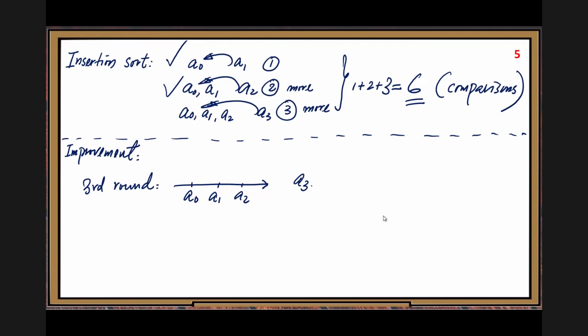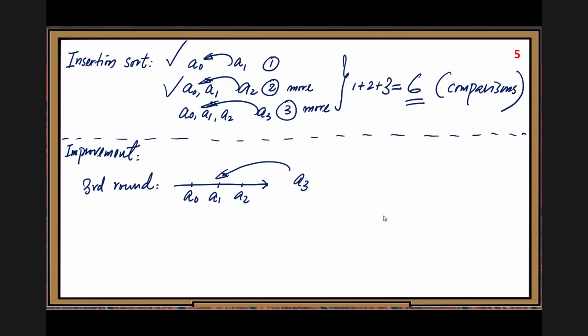You compare the middle. Correct. Binary search. How do you do binary search? Compare the one in the middle, right? Why compare the one at the end? You can compare the one in the middle.